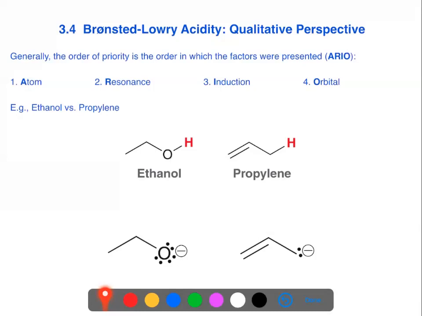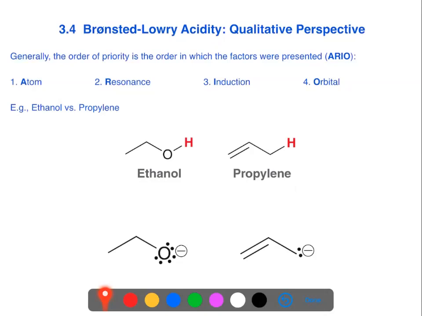So let's look at an example where we have, in a sense, competing factors. So here in this first example, if we compare ethanol to that of propene, common name propylene, we see that the conjugate base of ethanol, we've seen before, is the ethoxide ion, and that for propene is this propanide ion.